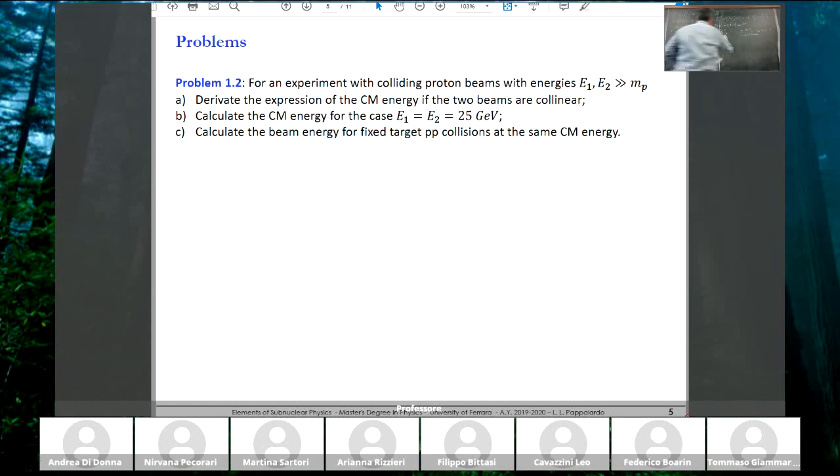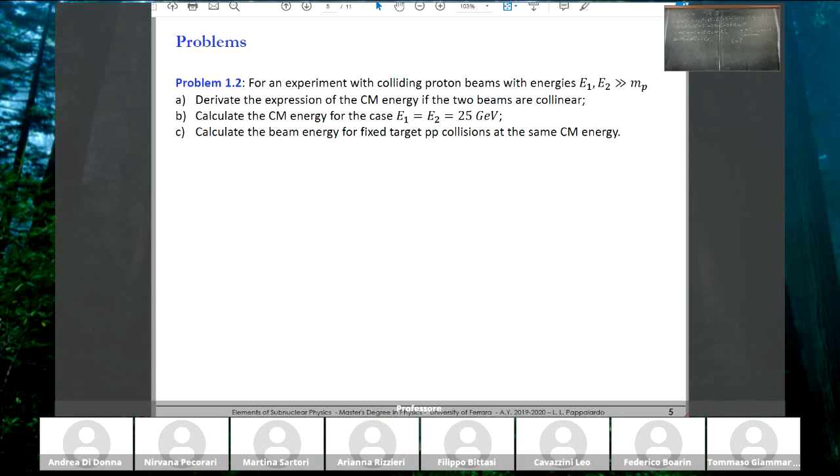Now, in the ultra-relativistic limit, where we can actually neglect the masses, we also know that the energy is essentially equal to the momentum. So we can write this as 4 times E1 E2, and neglect the two masses. And then we can just put the approximate equal. So in the ultra-relativistic limit, we can neglect the mass compared to the energy, but also the energy is essentially given by the momentum because the mass is negligible.